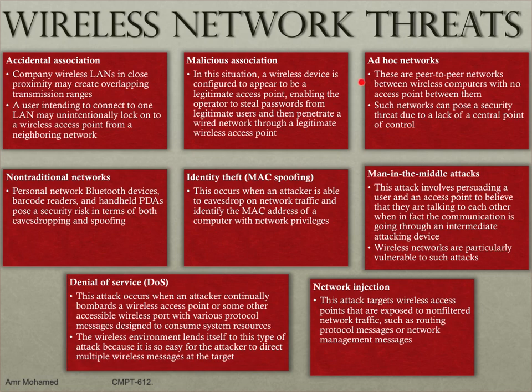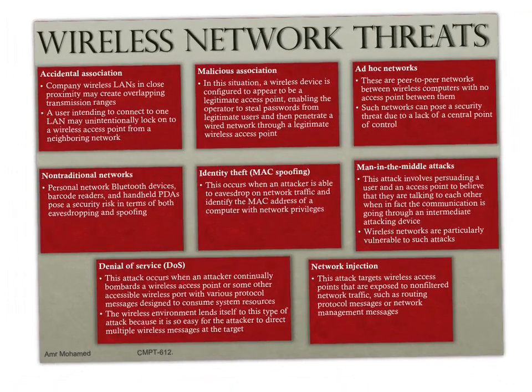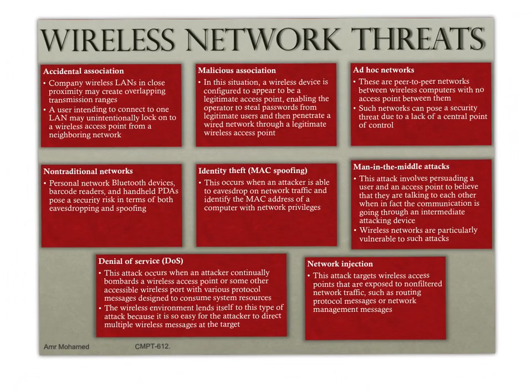So, for example, accidental association. Accidental association here talks about the fact that you are carrying your laptop, and you are getting into the boundaries of some perimeter of a network. Like you are driving your car with your cell phone, and all of a sudden you have access to another wireless network, and accidentally you can get connected to it very easily.